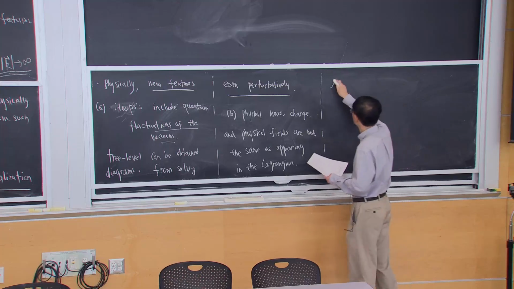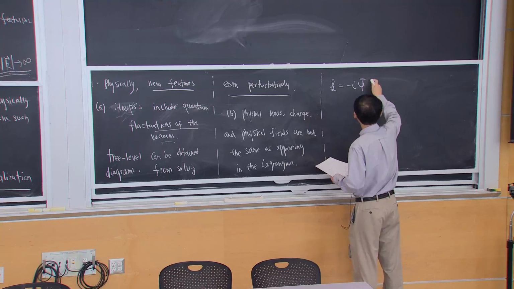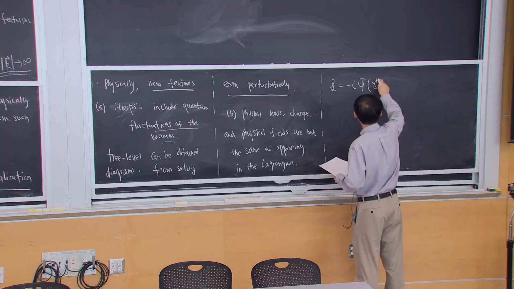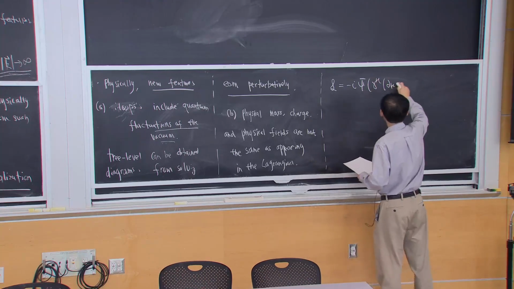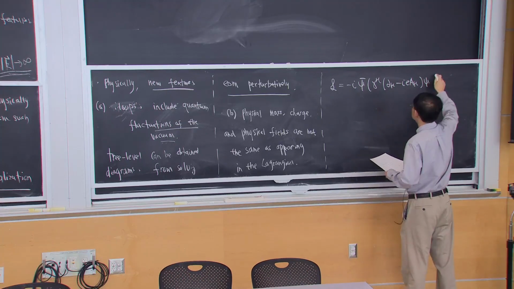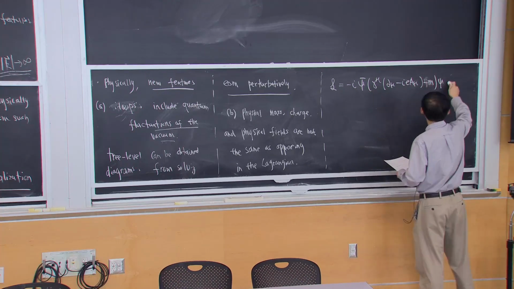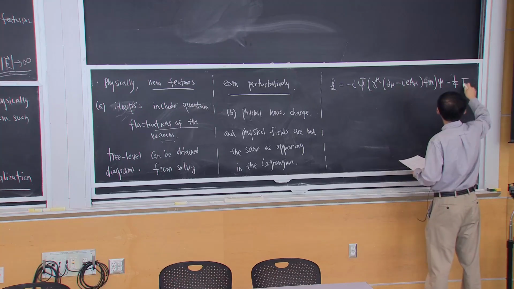Remember, when you write down the Lagrangian for QED, you have i psi bar gamma^mu (partial_mu minus i e A_mu) psi minus m psi bar psi minus 1/4 F squared.